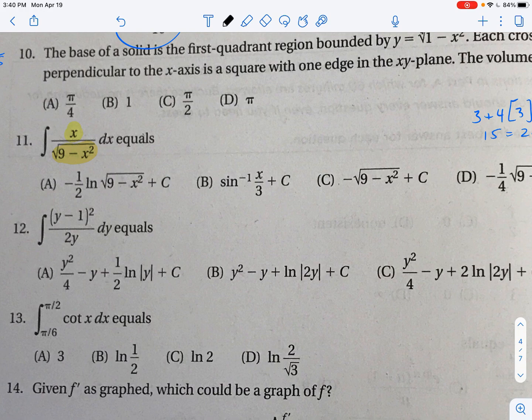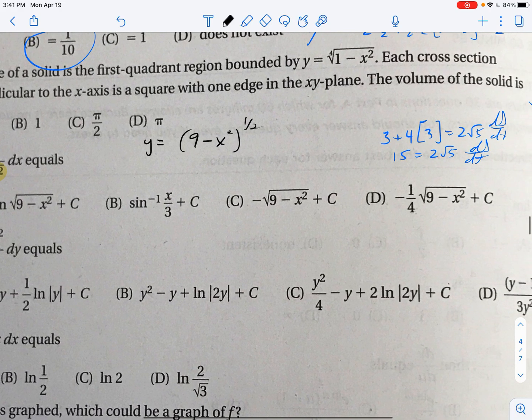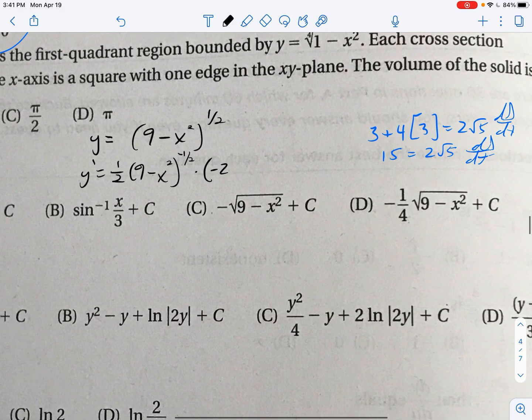I have 9 minus x squared essentially to the negative 1/2 power. So let's suppose I started with 9 minus x squared to the 1/2 power. The derivative there would be 1/2 times 9 minus x squared to the negative 1/2 times, by the chain rule, the derivative inside, which is negative 2x.